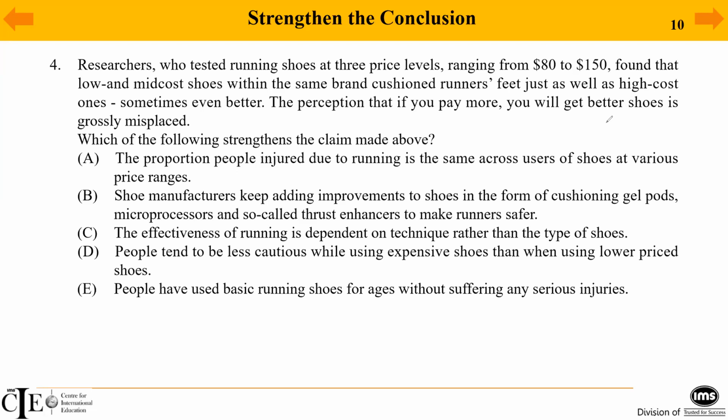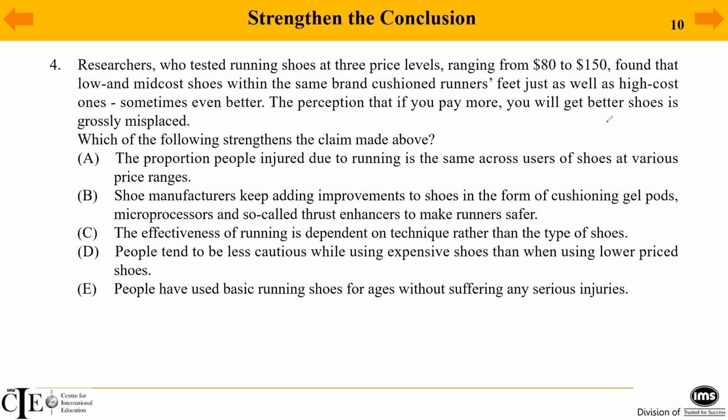So the cost of the shoes, whether it is high or low, has nothing to do with whether they are the better shoes. So the perception that if you pay more, you will get better shoes is wrong. So that's what you have to prove again.